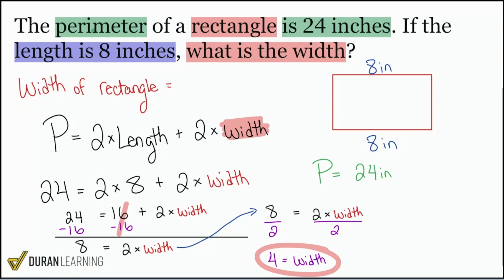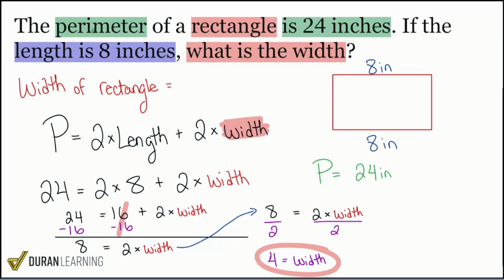And that's where I saw perimeter of a rectangle, boom, right there. So we're dealing with the perimeter of a rectangle and we're looking for the width. That's where the formula for the perimeter of a rectangle came in, because it involves the perimeter, involves the length that we're given right there, and we're looking for the width.